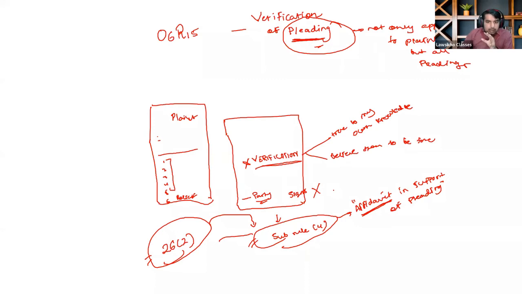It won't hamper anything, but you will have to make the correction whenever it is pointed out to you.